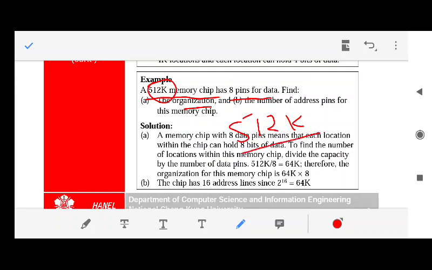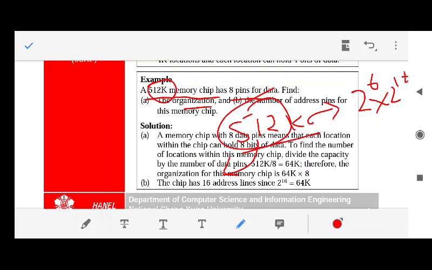512 kilo locations means, if you define it in terms of address lines, how do you define it? You just take it in the power of 2. So it comes out to be something like this: not 2 to the power 8, 2 to the power 6 multiplied by 2 to the power 10, because 2 to the power 6 means 512.